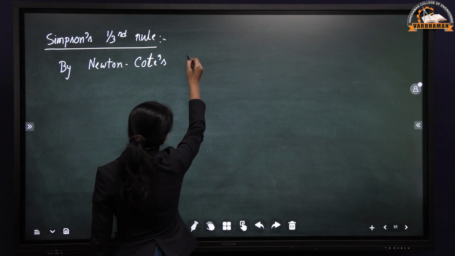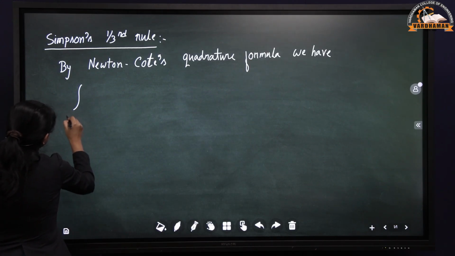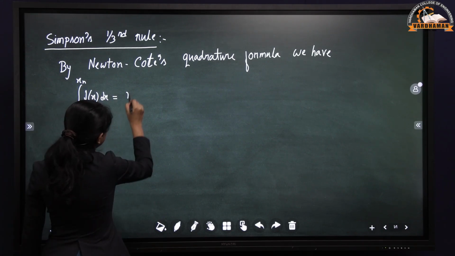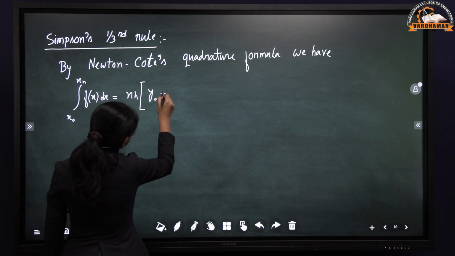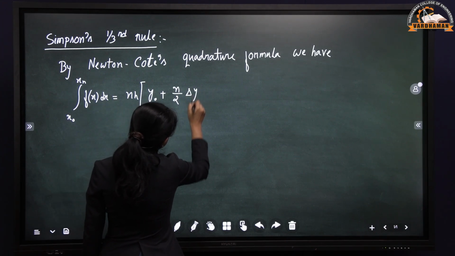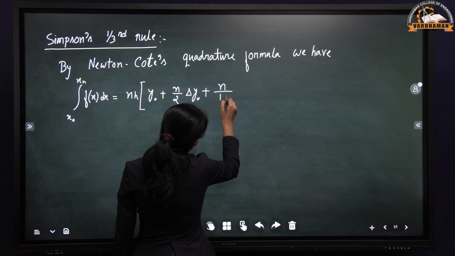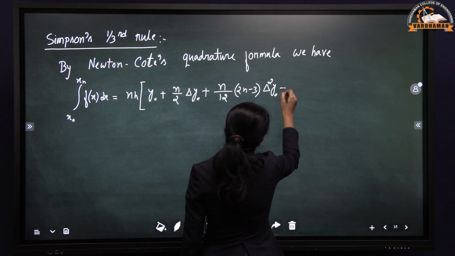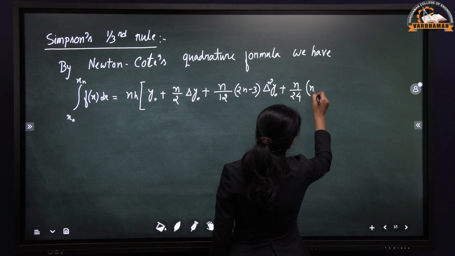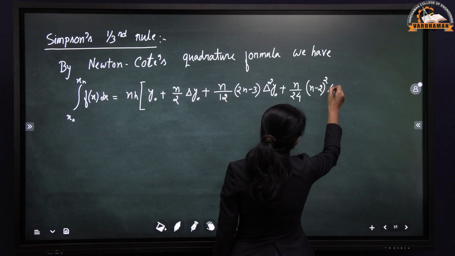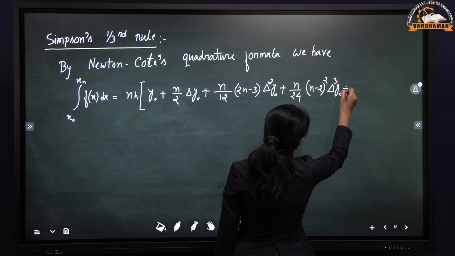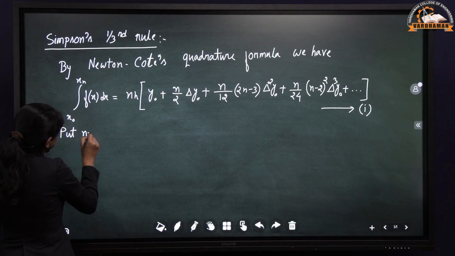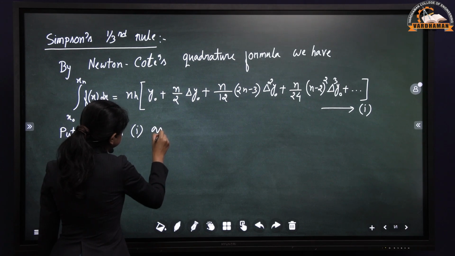By the Newton-Cotes quadrature formula, we have integration x0 to xn f of x dx equal to nh times y0 plus n by 2 first forward difference of y0 plus n by 12 times 2n minus 3 second forward difference of y0 plus n by 24 times n minus 2 whole square third forward difference of y0 plus so on, which is equation number 1.